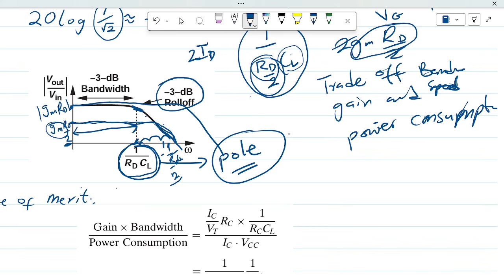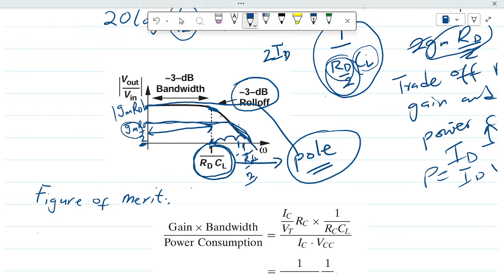Okay, so I increased the ID, which means power, which is given by ID times VDD, would also increase. So it makes sense that if I want to increase bandwidth and not reduce gain, then I have to increase the power.